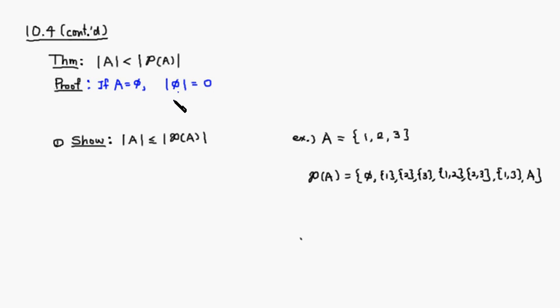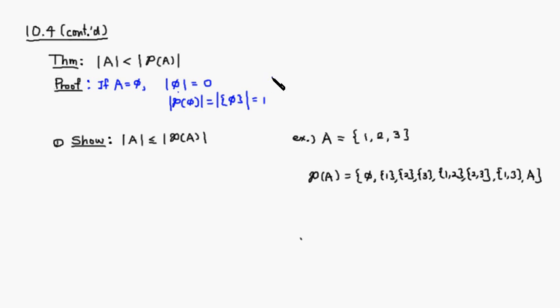Right, the power set of the empty set would be, what kind of set is that? It's going to be a set. It has to contain the empty set. So you have a set with the empty set in it, right? Since there's one element in there, the cardinality should be 1.